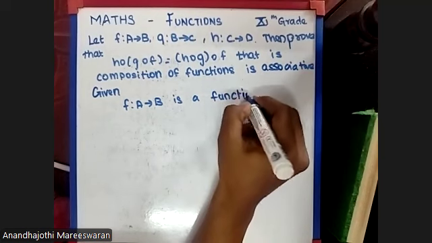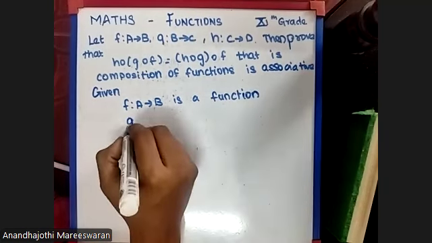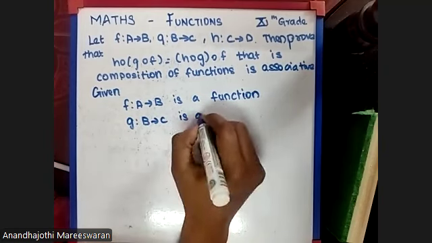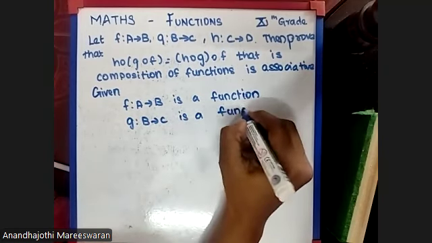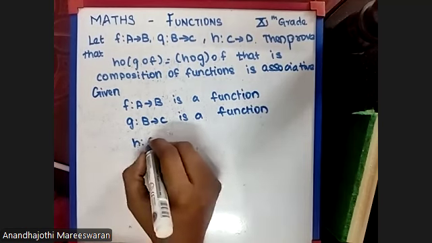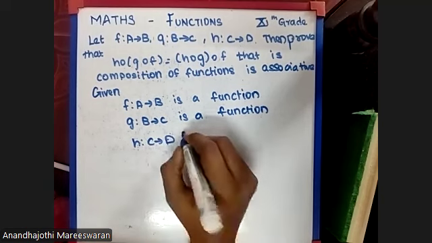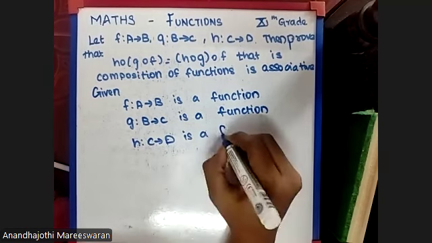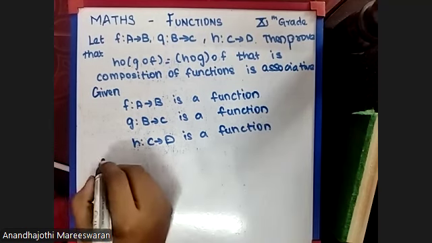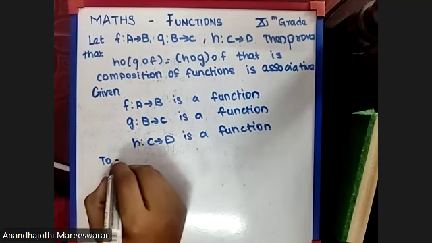Superb. Then G maps B to C is a function. And again, H maps C to D is a function. Right? What do they ask us to prove?